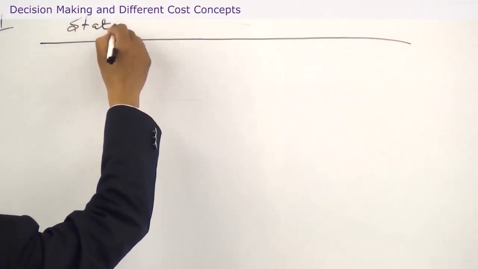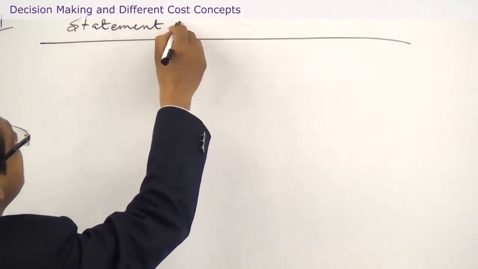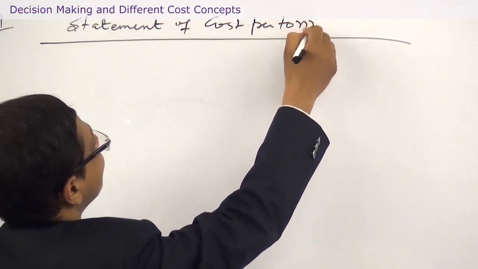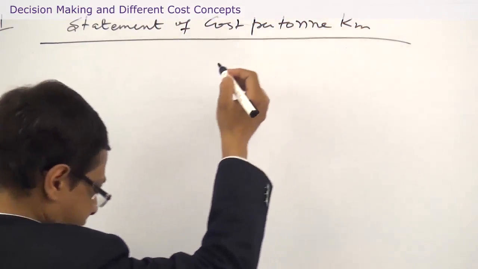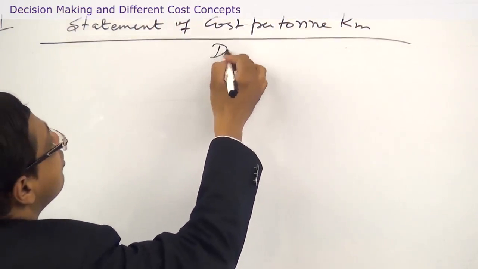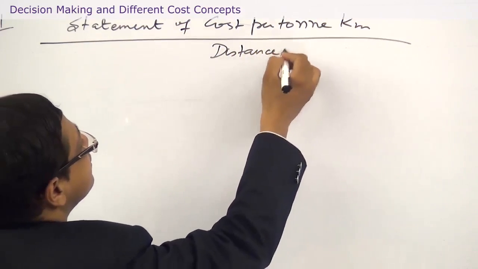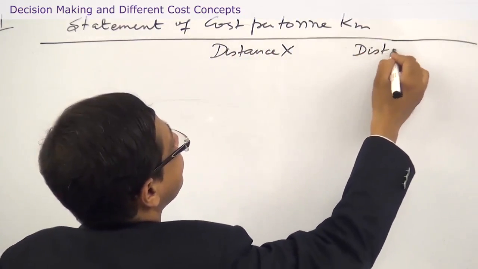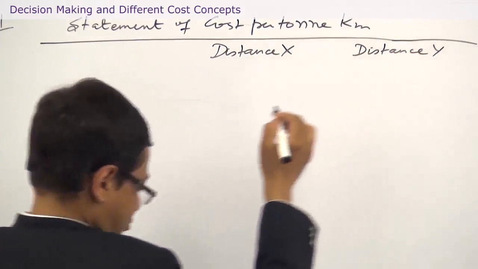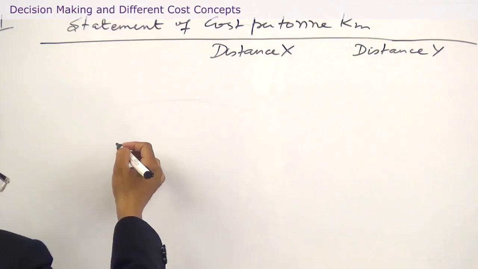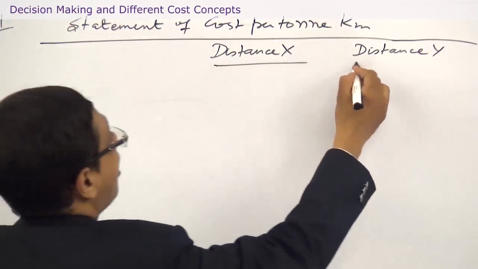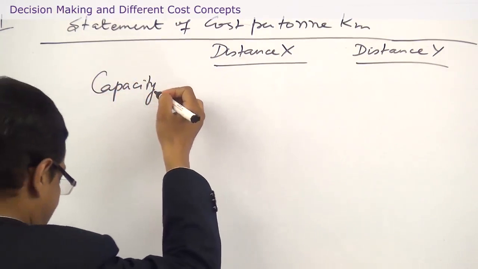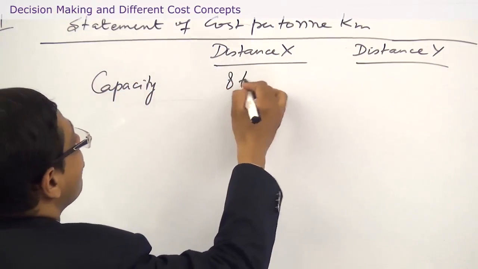So, statement of cost per ton kilometer. For distance x and distance y, the capacity is given as 8 ton.